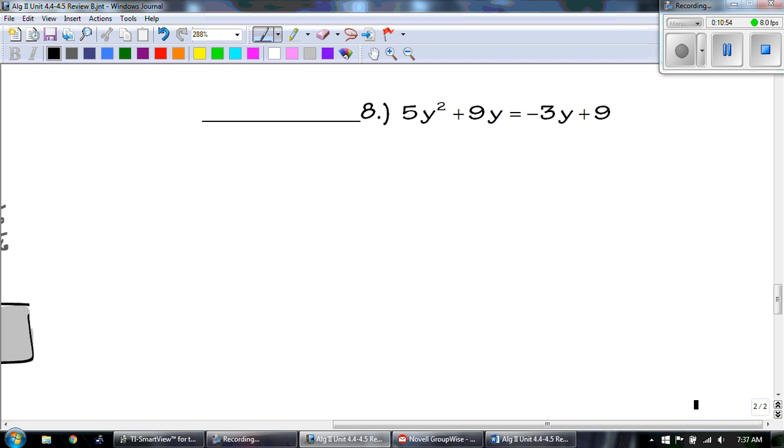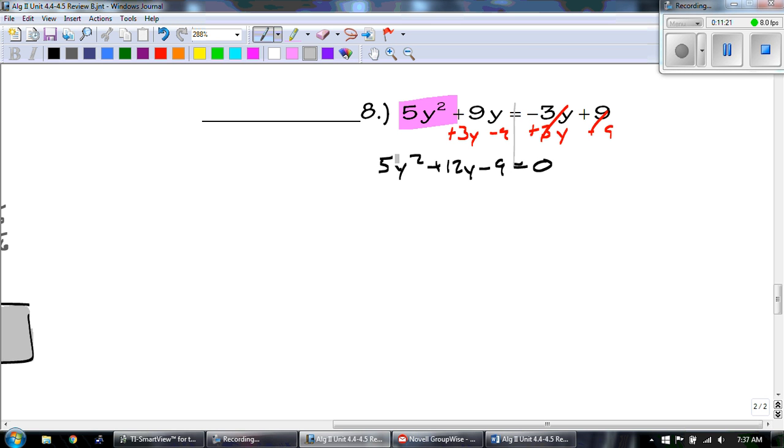All right, next one, number 8. We have our leading coefficient, so I'm going to move everything on the right. So I'm going to add 3y, and then I'm going to subtract the 9. So we get 5y squared plus 12y minus 9 equals 0.